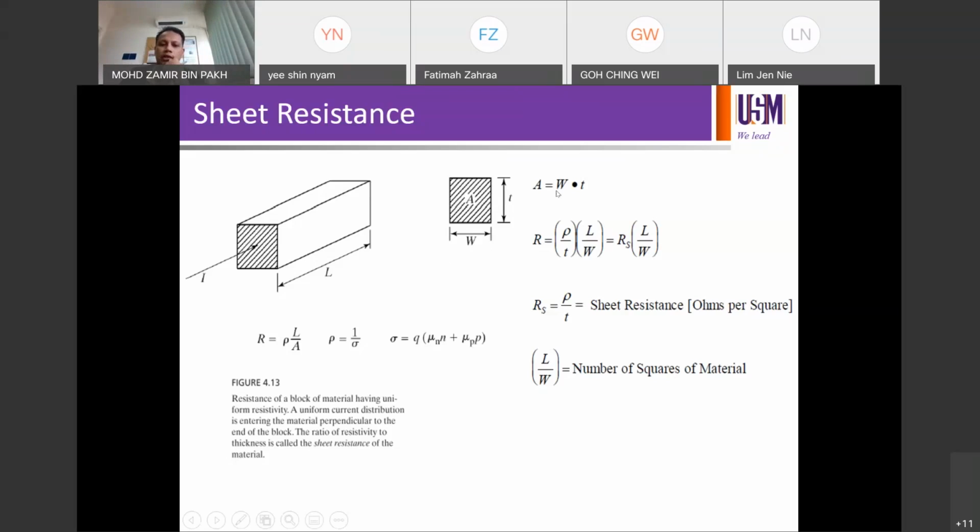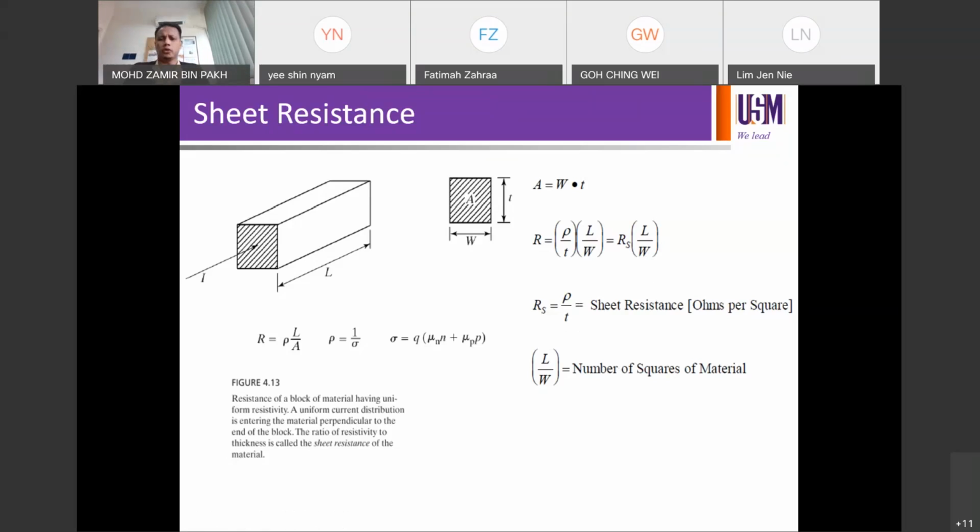So A is equal to W times T, and then you can just replace that into R, giving rho L over T, and then that will give you Rs L over W, right? And Rs, or sheet resistance, can also be simplified as resistivity over thickness.